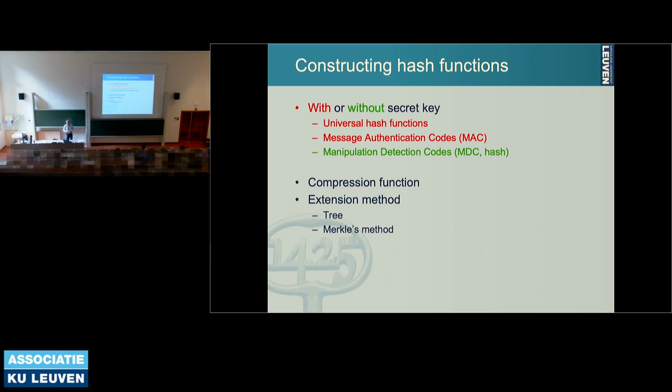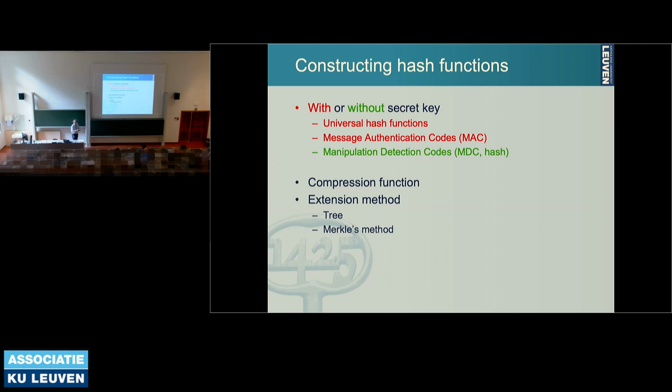What we often have is, because a hash function should be able to process an input of any length, that's a bit difficult to describe a function where you don't know the size of the input in advance. So that's why we split this up in 2 parts. There is one part that we call the compression function that has a fixed size input to a fixed size output.